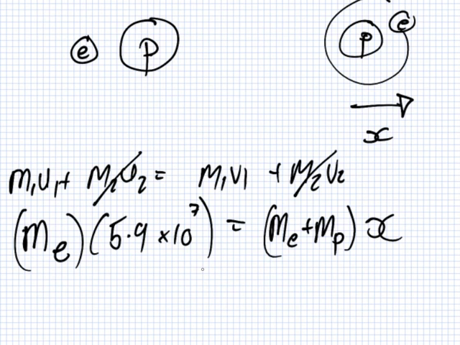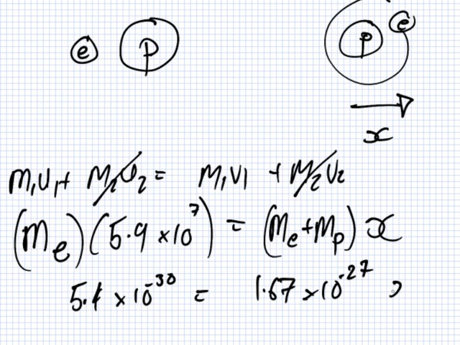Mass of an electron is number 3. So the number on the left I get is 5.4 times 10 to the minus 30, and then the number here is 1.67 times 10 to the minus 27 x.